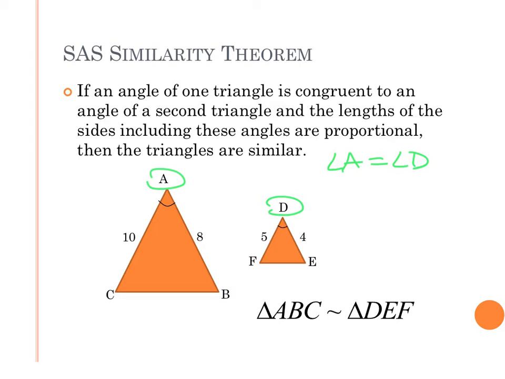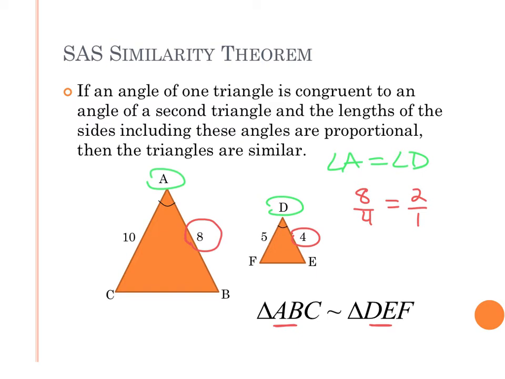They have the same congruent mark. And then I'm going to match the same thing with my sides. So I can see that AB is the first two. It's going to match with the first two here. So AB is 8, and it's going to match with DE. 8 over 4 simplifies to 2 to 1.